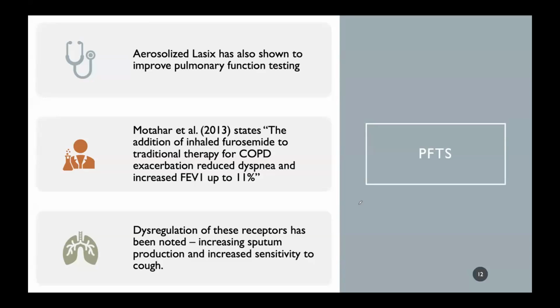Dysregulation of these receptors has been noted to increase sputum production and increase sensitivity to cough. Just like I said with the ventilator, if we're looking at our ventilator, we've got these peak pressures and our waveforms are all jiggly looking, we're probably going to think maybe they need a little bit of suction, right? Because that's causing airway obstruction.